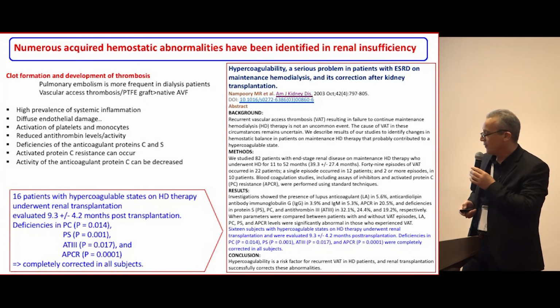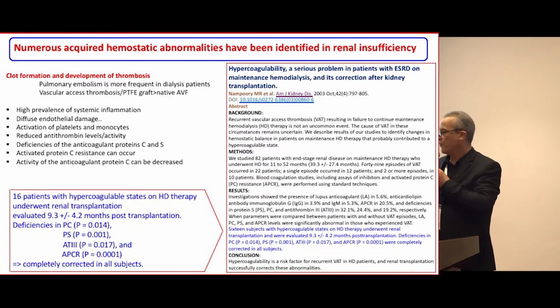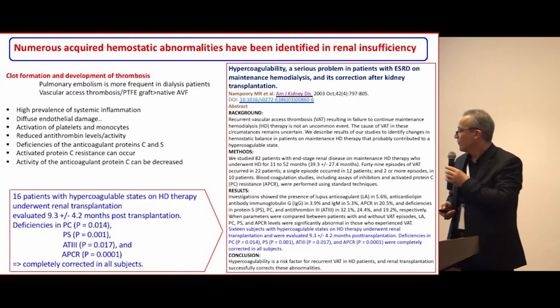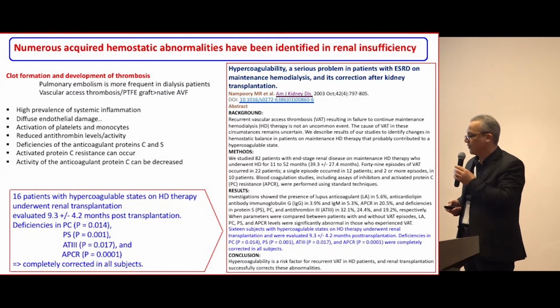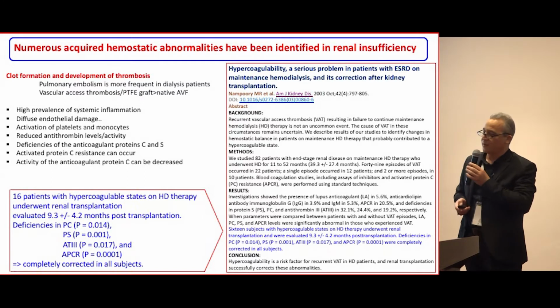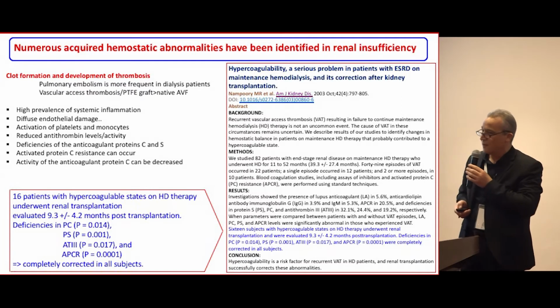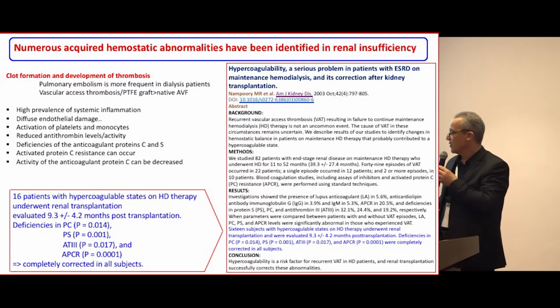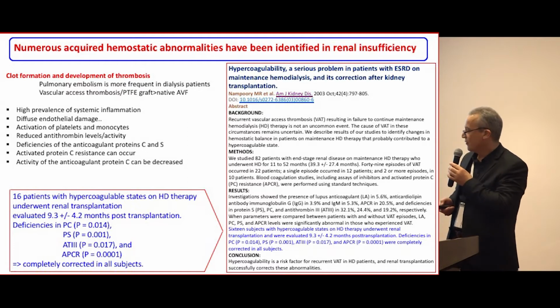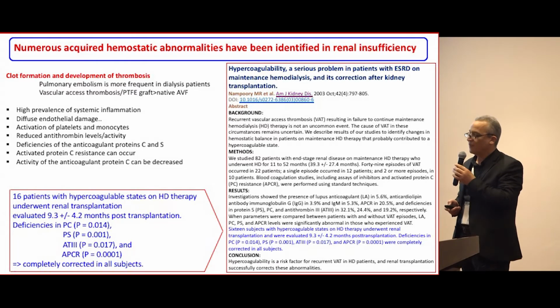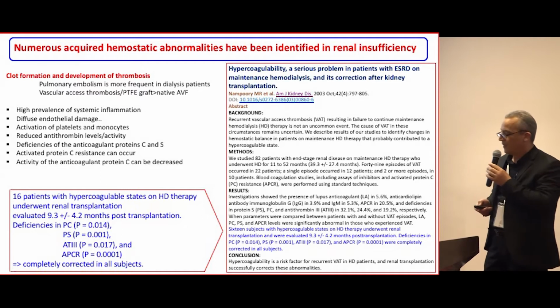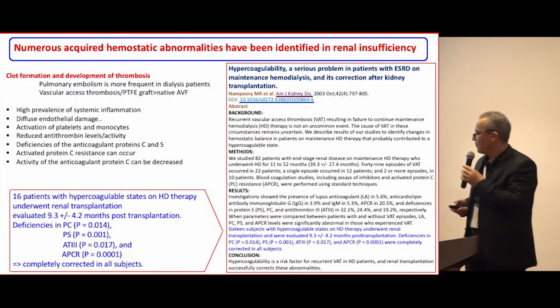Not only this, but CKD patients are also subject to clot formation and development of thrombosis, as we know that pulmonary embolism is more frequent in dialysis patients. Vascular access thrombosis also is much more important, especially when we have a PTFE graft more than a native arteriovenous fistula.